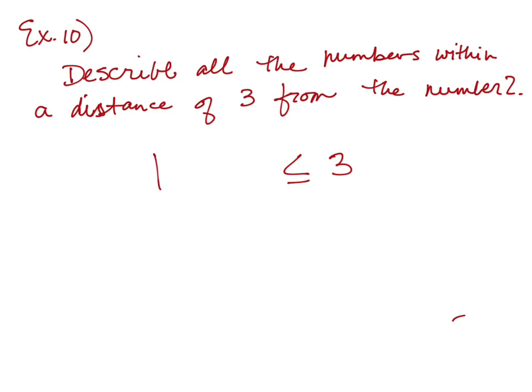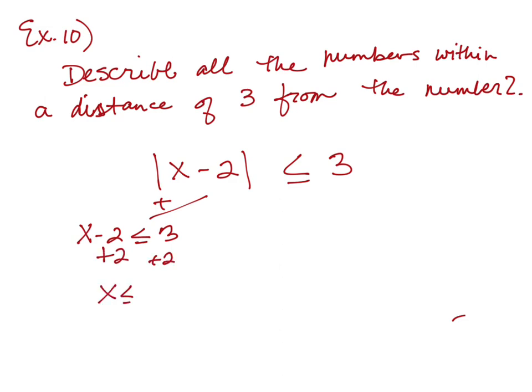So in absolute value brackets, when I take my number and subtract 2 off of it, I don't need to get any more than 3 away. So on the left side, when we solve, we're going to have a positive option. X minus 2 is less than or equal to 3. X must be what? 5. Less than or equal to 5. That's one option.